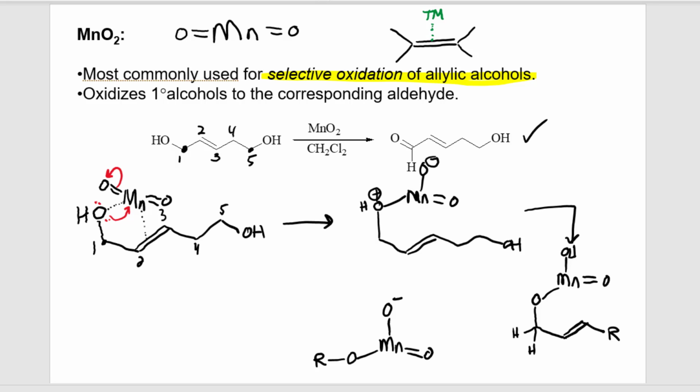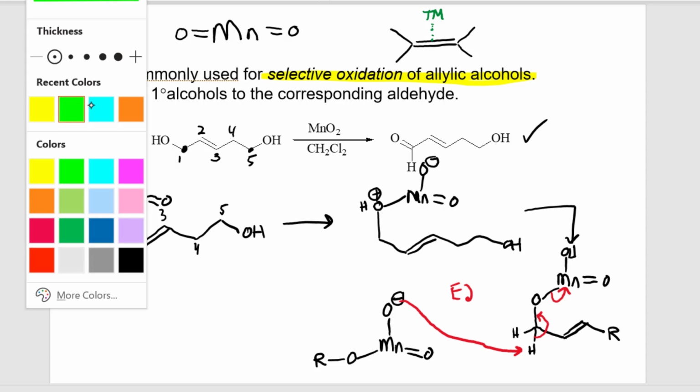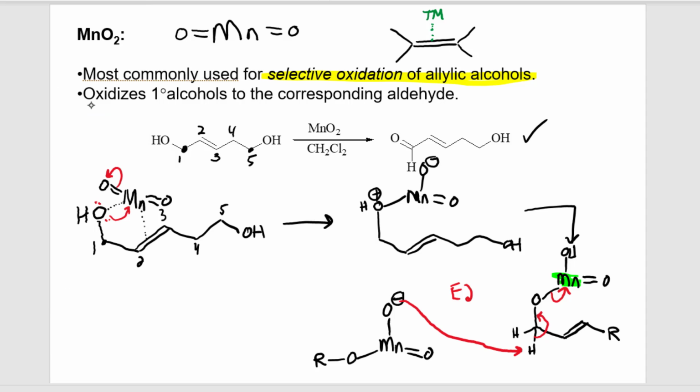Who knows? I'm not quite sure what the conjugate base would be. But you could imagine the E2 happening because it's, again, the E2 where the electrons form the new carbon-oxygen bond and the manganese gets reduced, just like we saw with the chromium. Except this time, manganese is the metal that's reduced.